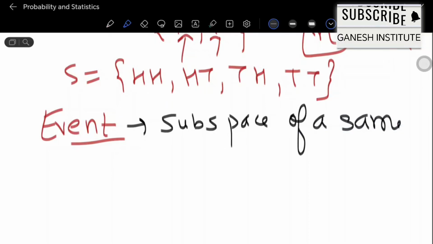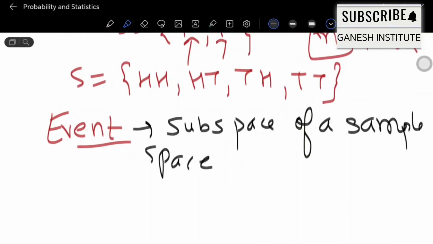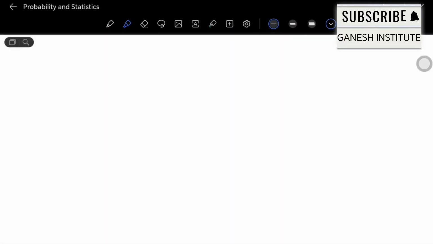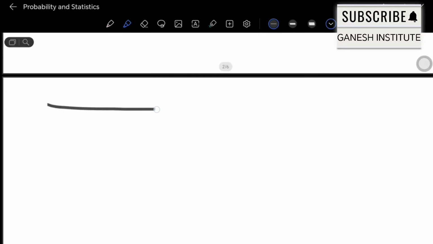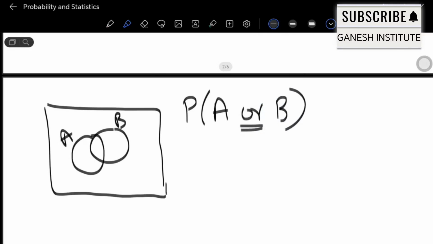Now, so far, so good, right? Let's talk about some operators first. Let's say I have a Venn diagram here. I have two events, A and B. If I want that A or B happens, OR means union of events.